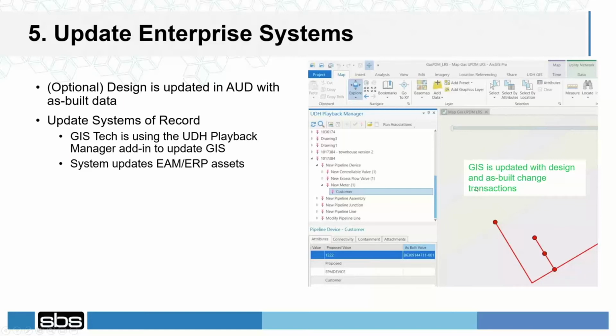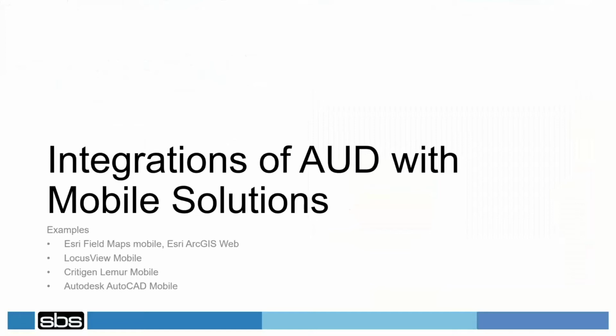So I quickly went over key steps in the end-to-end process that leverages AUD as a design tool and with a tight integration with field mobile applications. And I want to transition to just do demos.